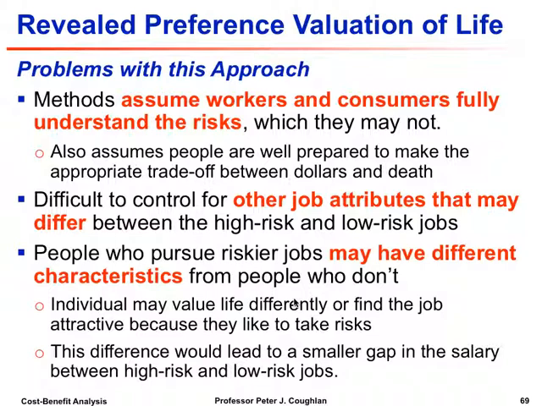Right? So not only may the jobs be different besides their difference in safety, so might the people who take the different jobs. And so you might have a smaller gap in the salary differences, because you might have a high-risk job and a low-risk job, and the overall population may think that the salary for the high-risk job should be $50,000 per year more.